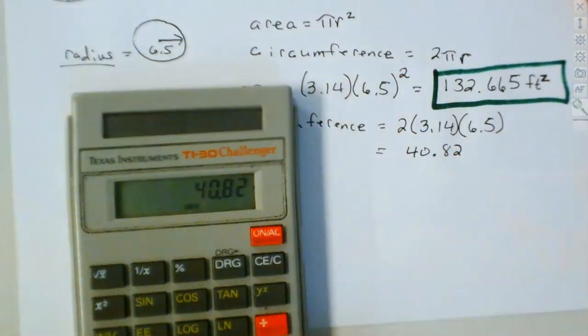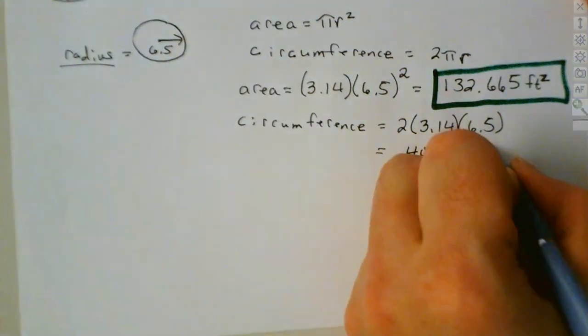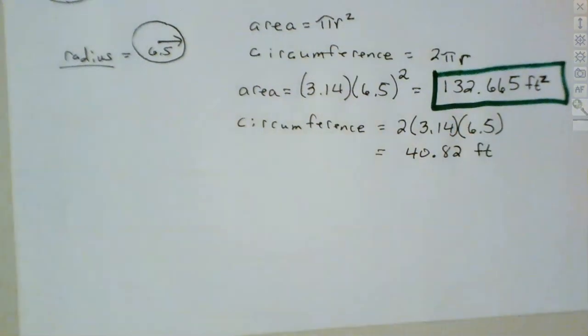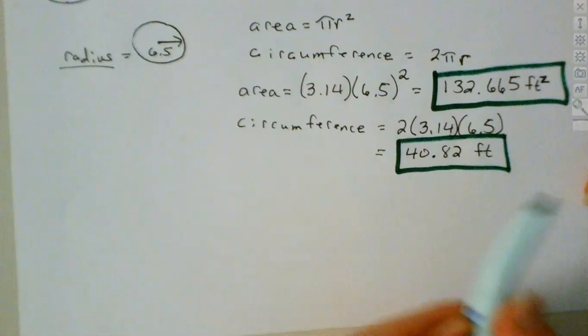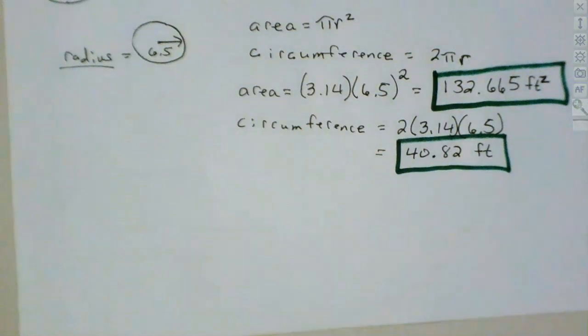And did we square anything in this circumference? No. So my units of measure are going to be in what? Feet. Area is always square units. Otherwise, it's just the base unit, which in this case is feet. So that's how we work those out. Okay, we go to the back cover of our textbook, we find the correct formula, and we work it out from there.